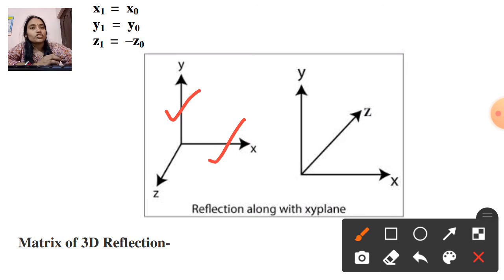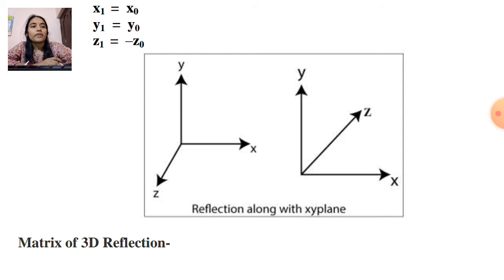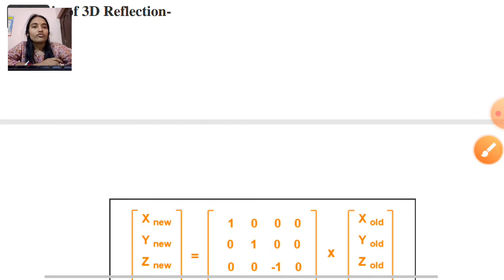The original coordinate position is x, y, z, and when we reflect, the destination position is x1, y1, z1, where x1 is x0, y1 is also y0, but z1 is minus z0. That means it is negative. This one is positive, and when the z coordinate is reversed, it becomes the negative position.